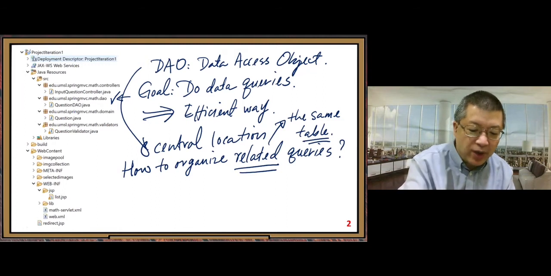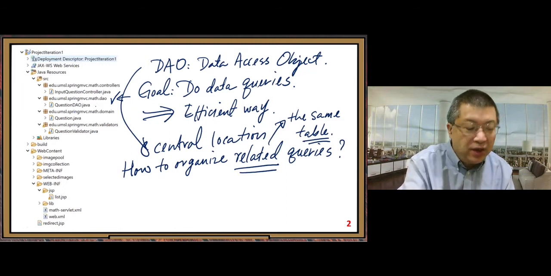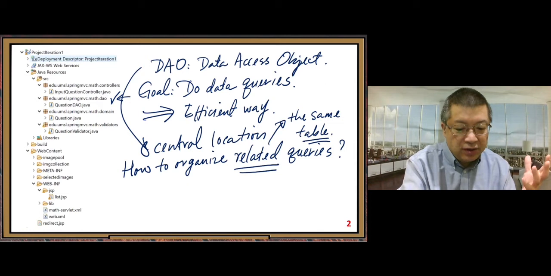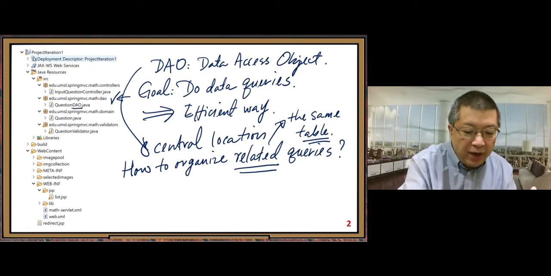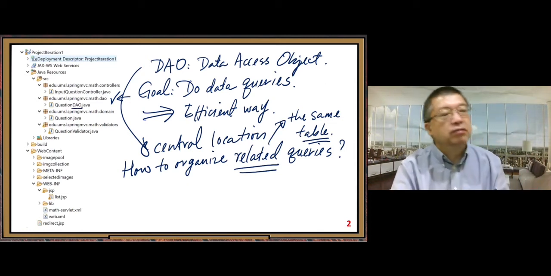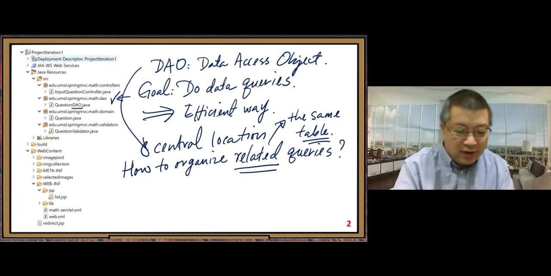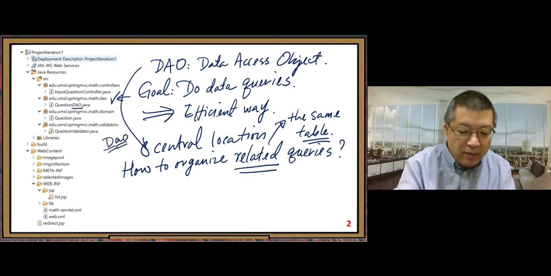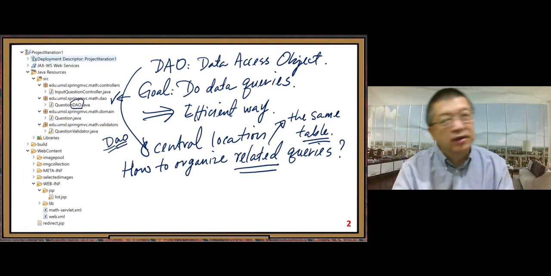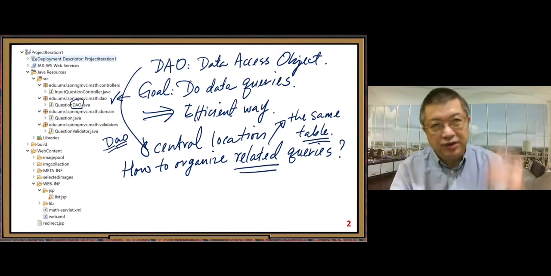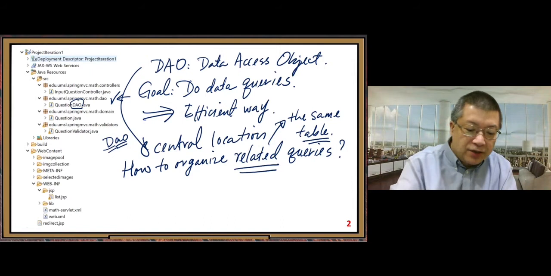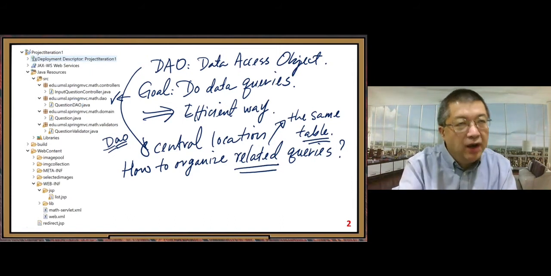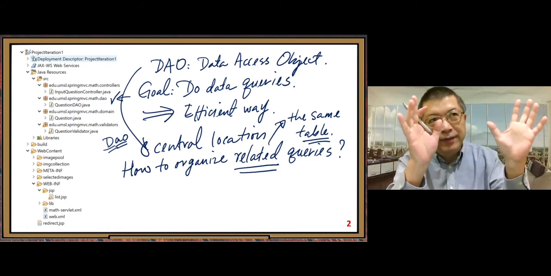So here we do it this way: QuestionDAO. Many people like to write DAO in capital letters. Sometimes people write lowercase, but many times they write it in capital, so just get used to it. Now you can create this file, QuestionDAO.java.